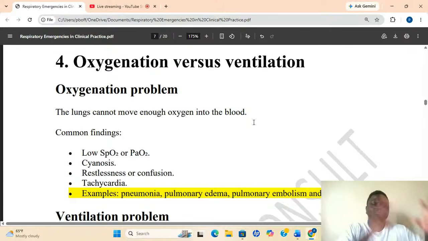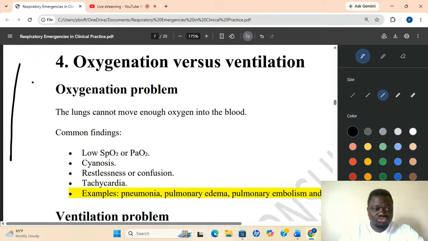We know oxygenation and ventilation. How will I know that I am having an oxygenation problem? Oxygenation, I mentioned earlier, is the concept of air going down.